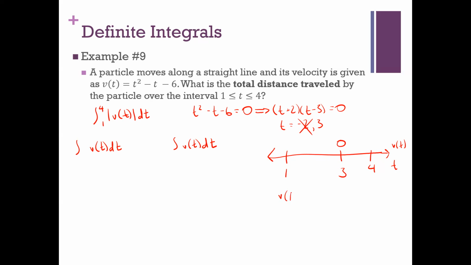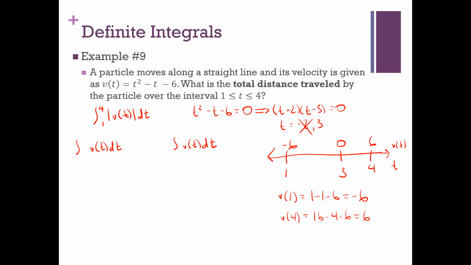I know that velocity at time 1 is equal to 1 minus 1 minus 6 is equal to -6. And at 4 seconds, it's equal to 16 minus 4 minus 6 is equal to +6, right? Yeah. We okay with that?